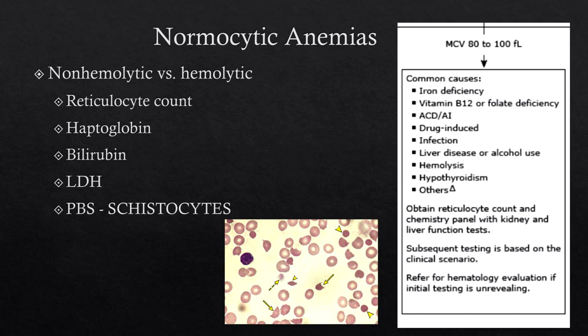A schistocyte is essentially a hemolyzed RBC. So in this PBS that I have here, you can see one here, and here, and here. These are all schistocytes. And if you ever want to impress your pathology or hematology professors or preceptors, the official definition of a schistocyte is an RBC with two sharp ends and no central pallor.